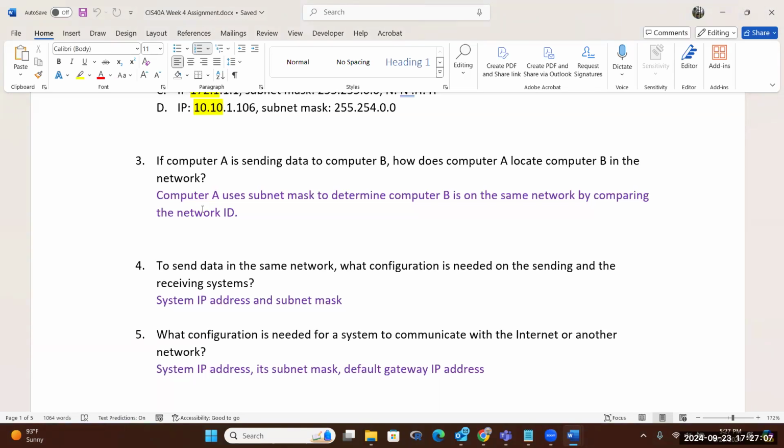So the IP address and the subnet mask, whether you manually input that in or you are automatically assigned from the server. If I have 10,000 computers, I don't want to go through and manually input every IP address. I would use Dynamic Host Configuration Protocol to be able to assign addresses automatically. And this is a role that your wireless router takes on.